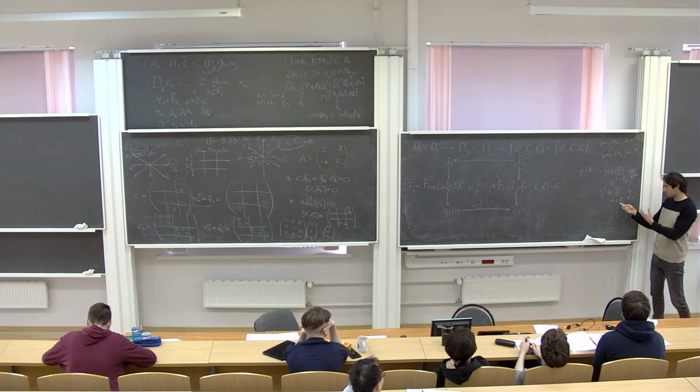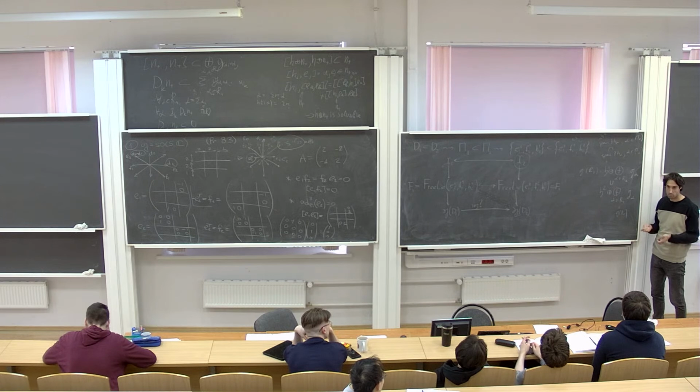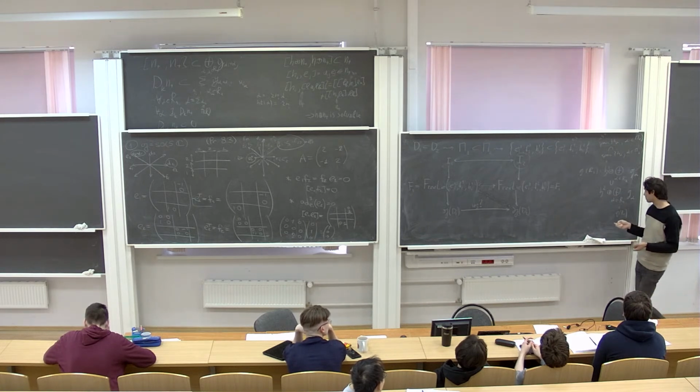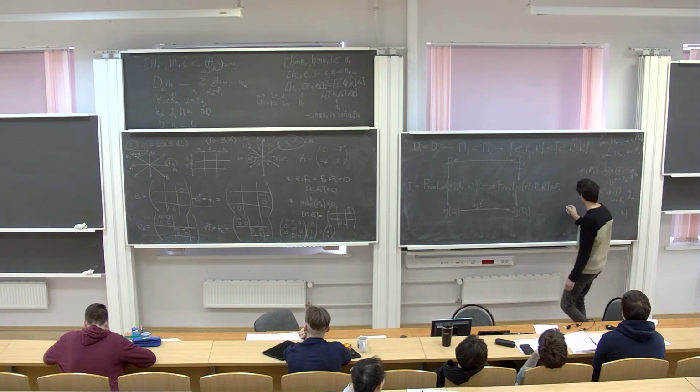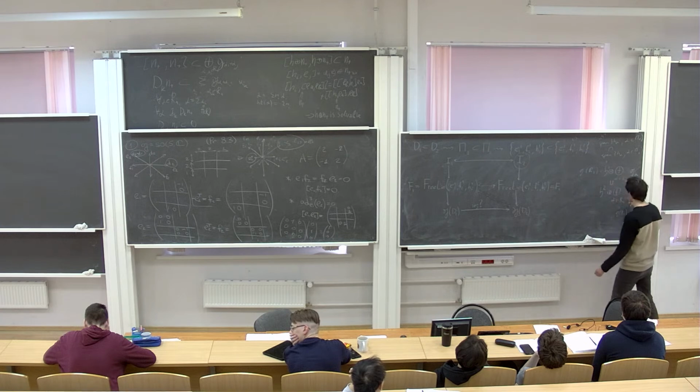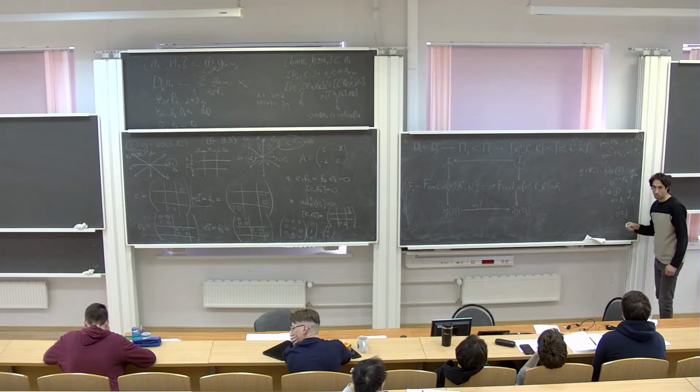Since this is a closed root system, as it is R_1, then this subspace is a subalgebra. Why? Well, you just check all the elements here: how this commutes with this, how this commutes with itself.